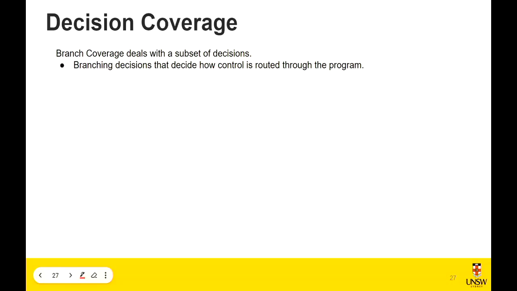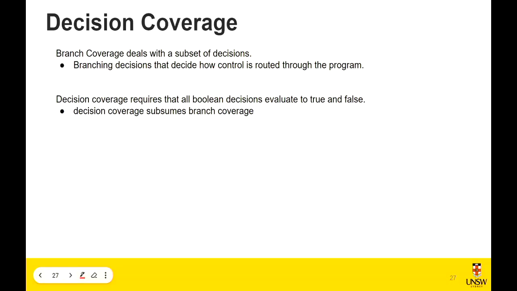So branching decisions are only a part of all the decisions we have in a program. Decision coverage requires all the Boolean decisions to evaluate to true and false. So decision coverage actually subsumes branch coverage. And of course, the coverage is calculated as the things we have covered divided by the total number of decisions.